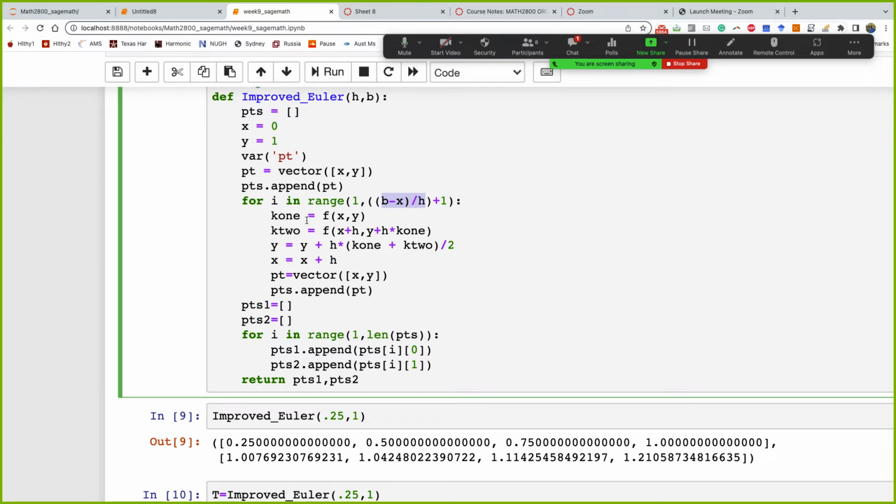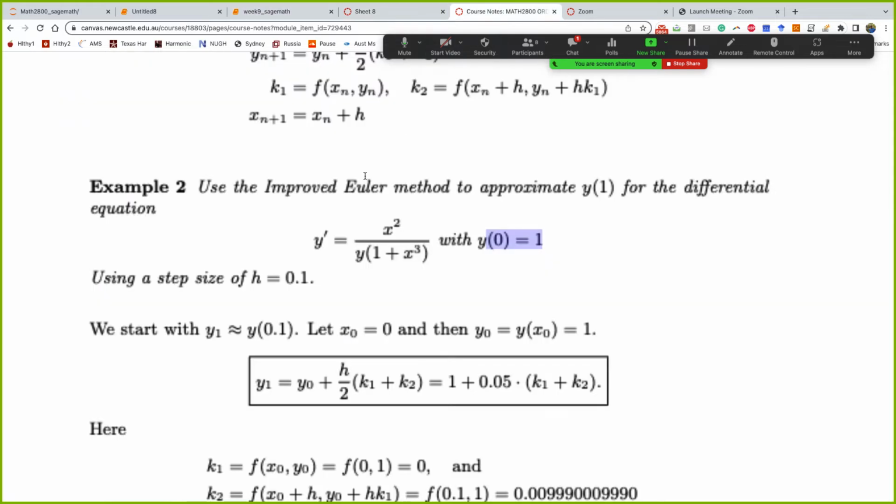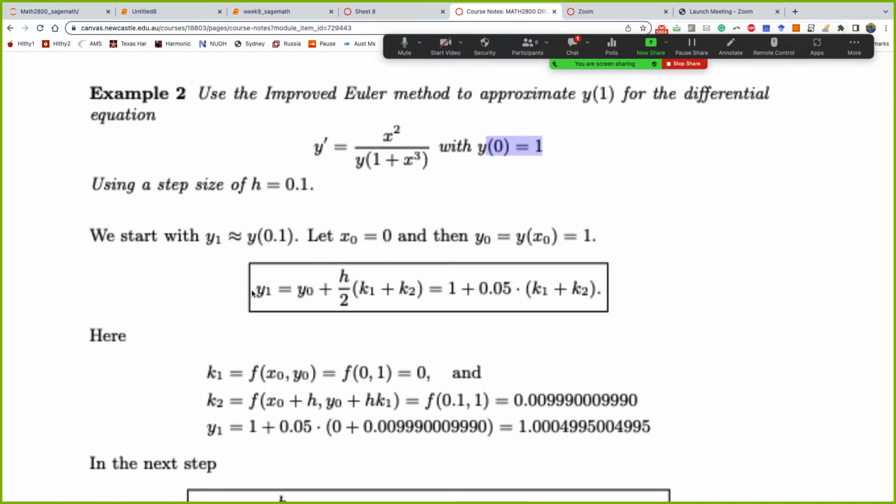Okay, k1, can we go to the notebook? So here h is 0.1, y1 is this one. So x0 is just the initial part.